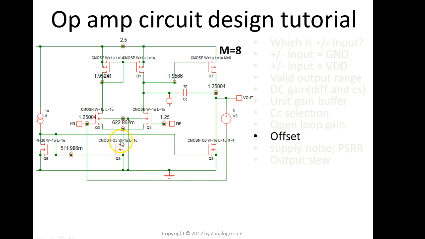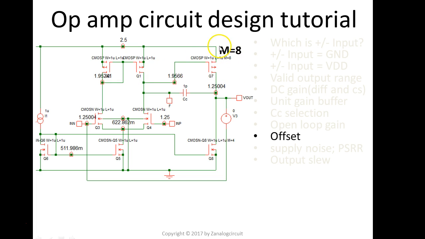So this is the tail current. The current is, let's say, 1x. This one's M equal to 4, so naturally that's 4x current at the bottom. So 1x goes up and splits in half, 0.5x for each branch. 0.5x here because M equal to 4 on top, that's 4x.